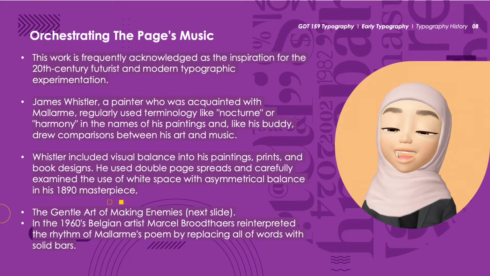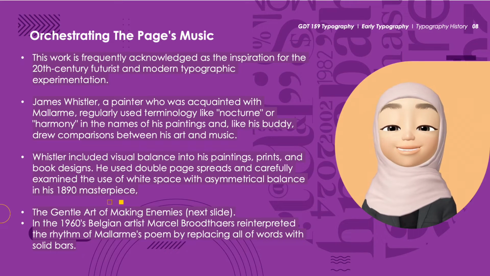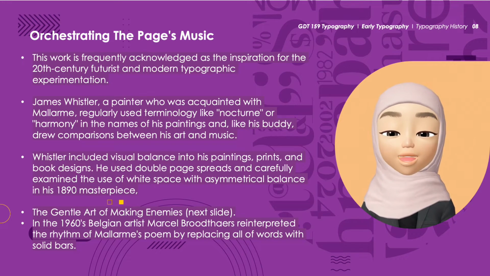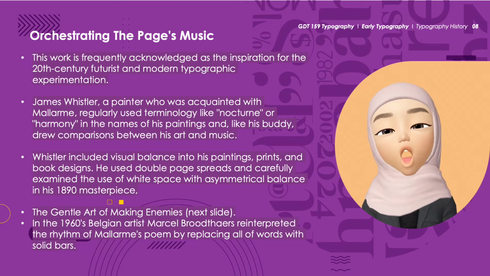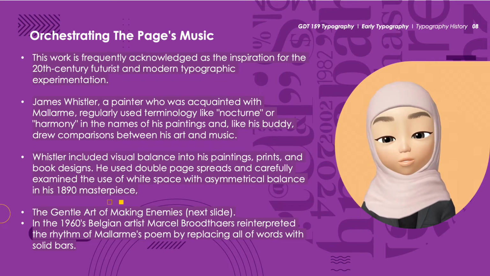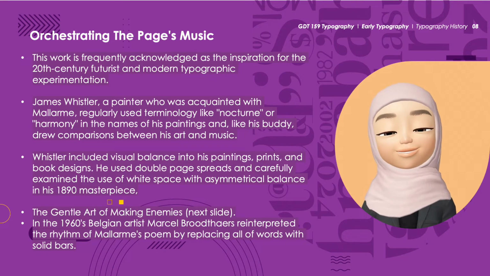James Whistler, a painter who was acquainted with Mallarmé, regularly used terminology like nocturne or harmony in the names of his paintings, and, like Mallarmé, drew comparison between his art and music.